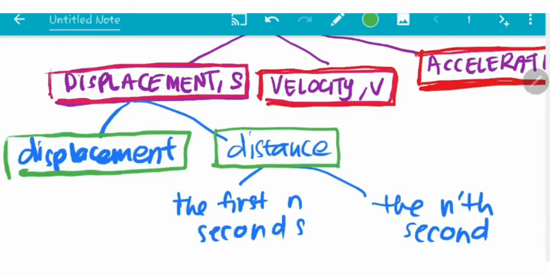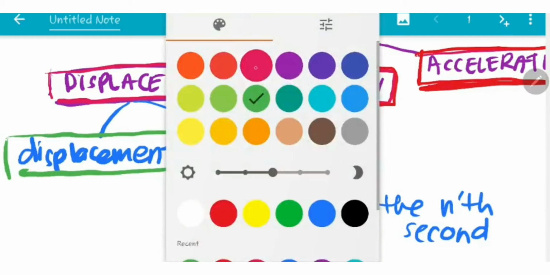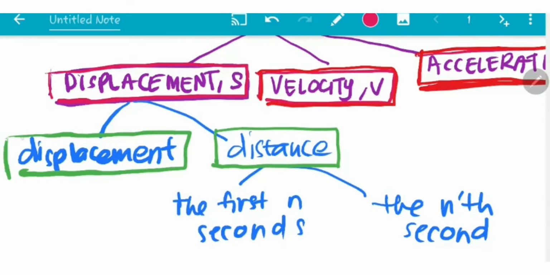Dia ada 3 benda penting kat sini. Pertama, you kena faham what is displacement. Second, you must understand the differences between displacement and distance. And then distance, we have 2 types.